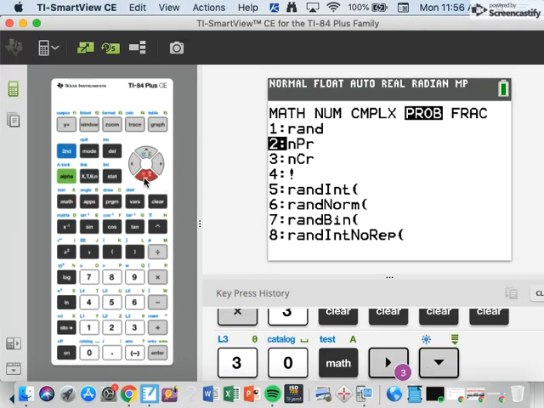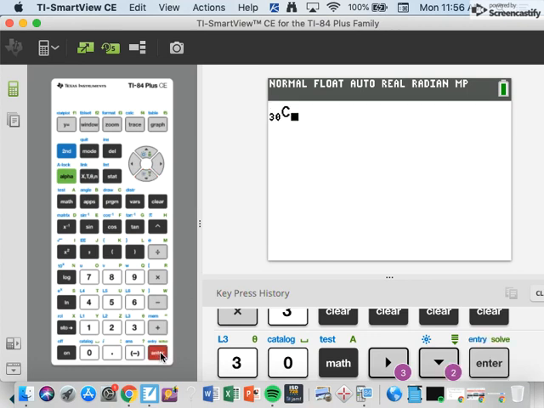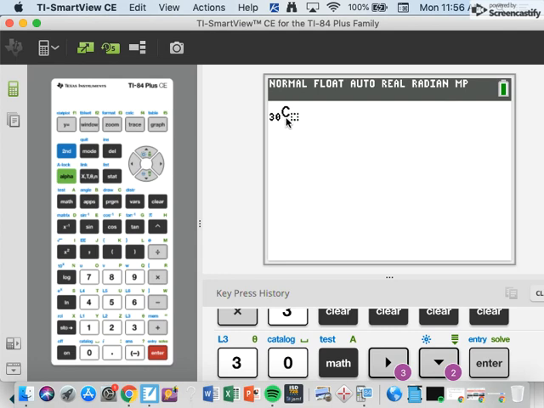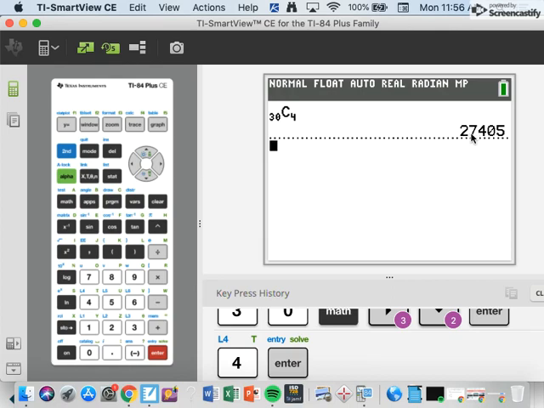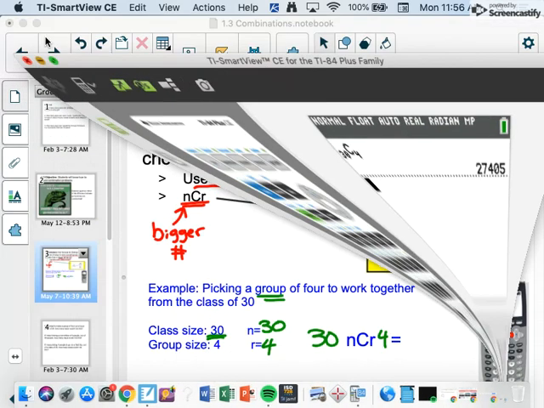Notice we want NCR, so I'm going to arrow down and hit enter. My calculator might look a little different than yours, but right now it's just asking for the R value. In this case, it's 4. Now I hit enter one more time, and it gives me my answer of 27,405.